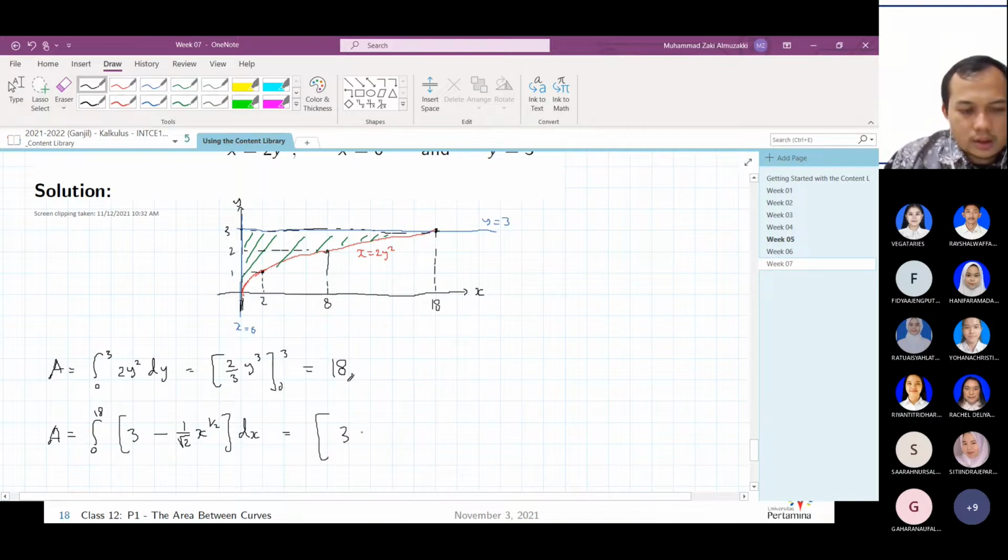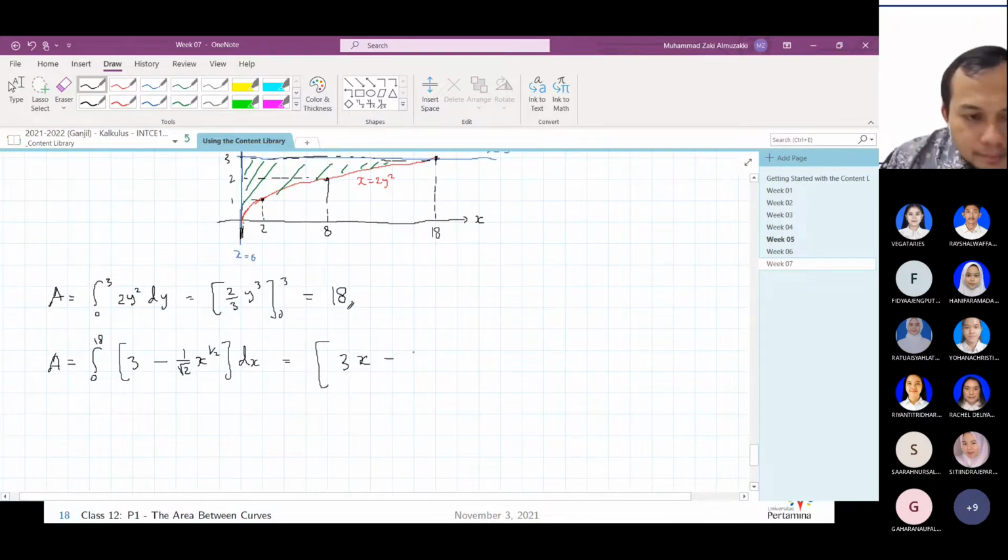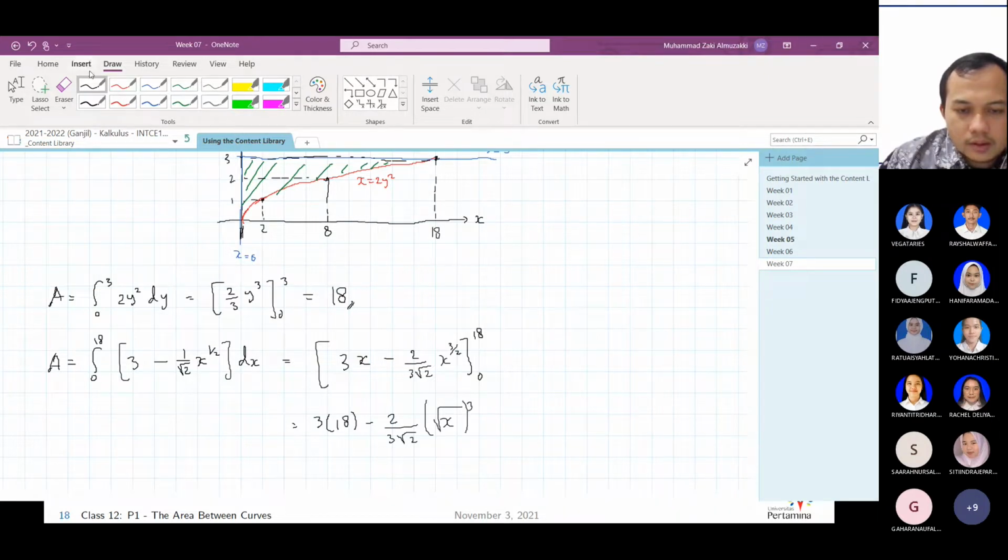This is 3x minus 2 over (3 square root of 2) x to the power 3 over 2 from 0 to 18, which is 3 times 18 minus 2 over (3 square root of 2) times square root of x to the power 3. It should be 18.